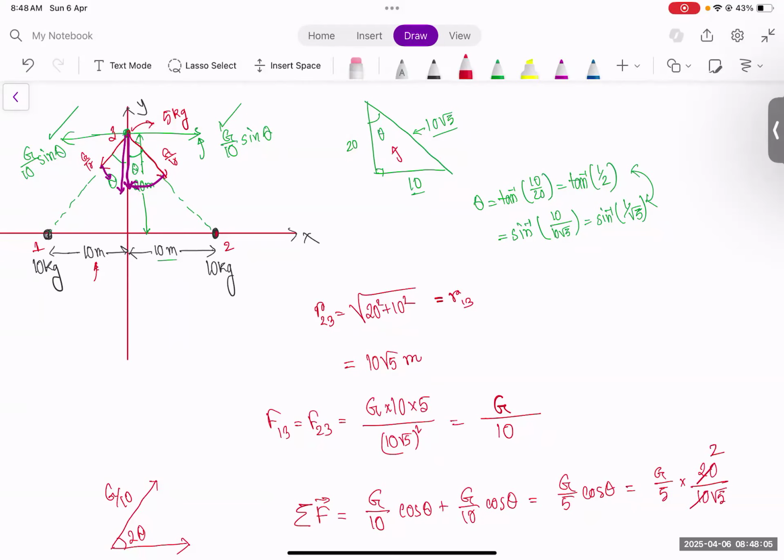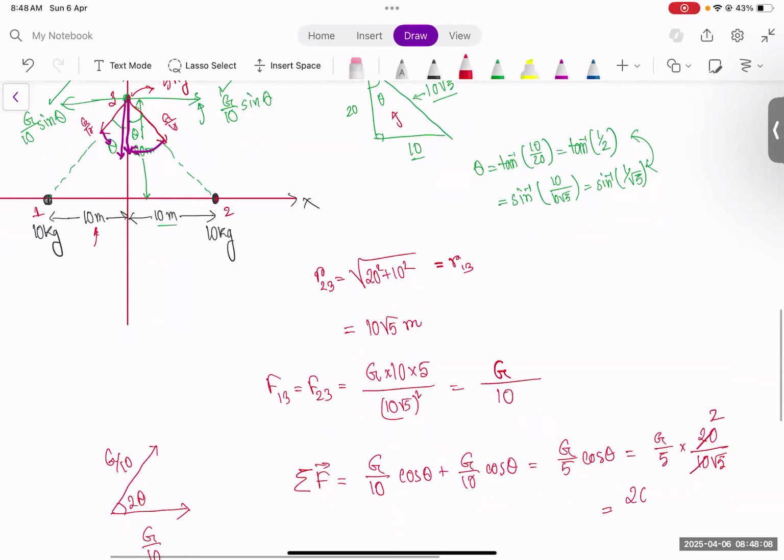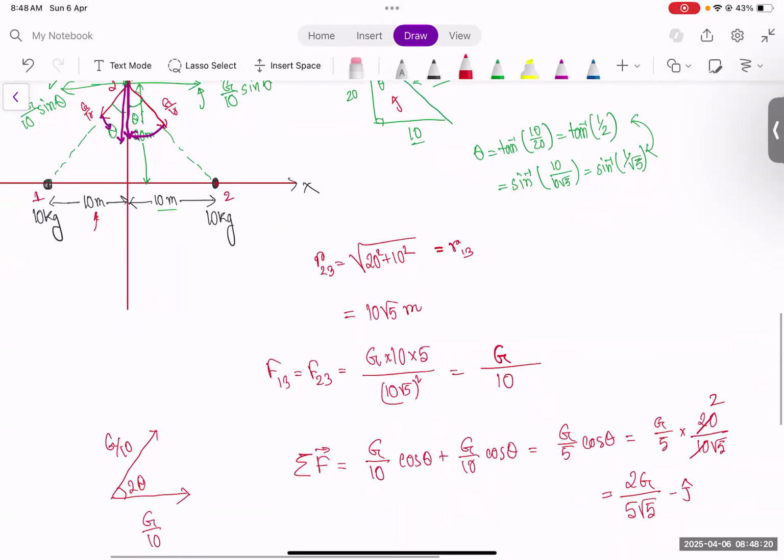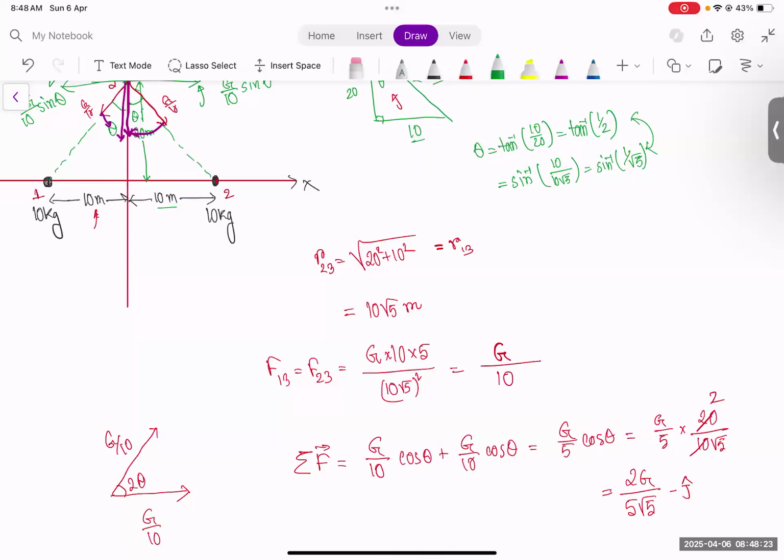There will be a 2 here. So my net force becomes 2G divided by 5 root 5. And the direction is along negative j cap because it's pointing directly towards the negative axis. So this will be my net force. If you don't want this, you can also use the parallelogram theorem to add the two vectors you have here. Basically, it doesn't matter which method you use. If you use it correctly, you should get the same net force.